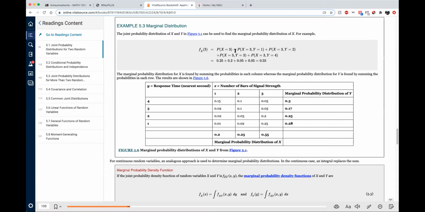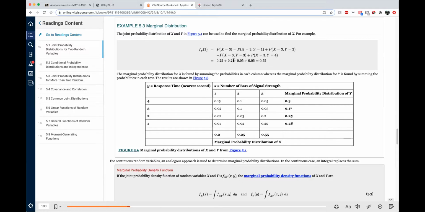We find it for each Y value, because the possible numerical values of random variable Y are 1, 2, 3, and 4. So we find the probability that X equals 3 and Y equals 1, 2, 3, 4, and add them up. This is 0.55.